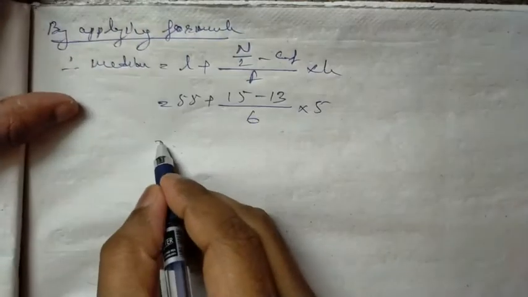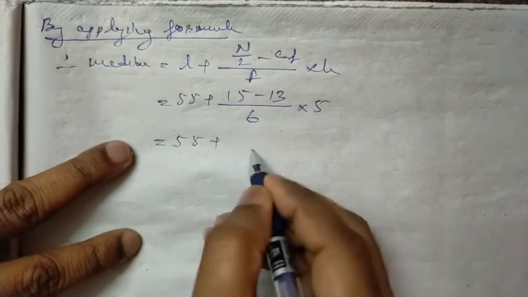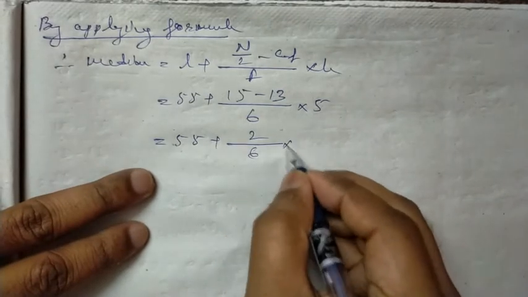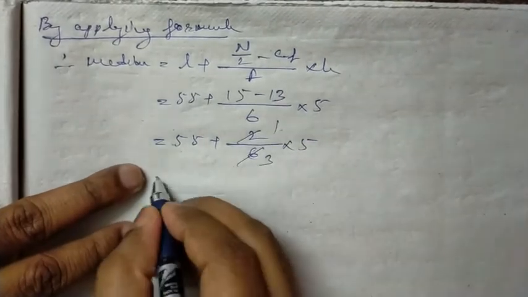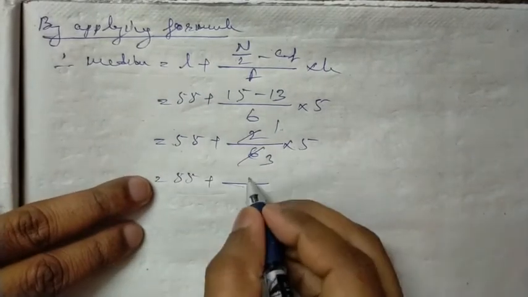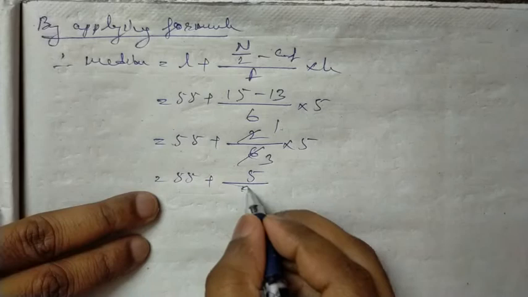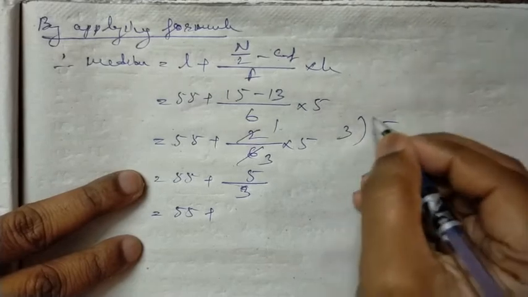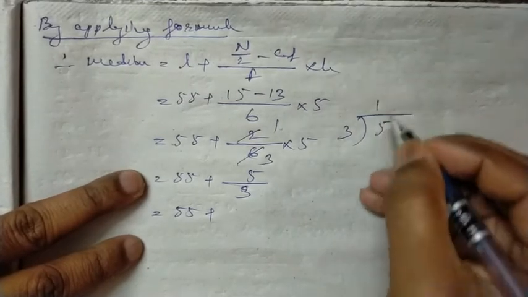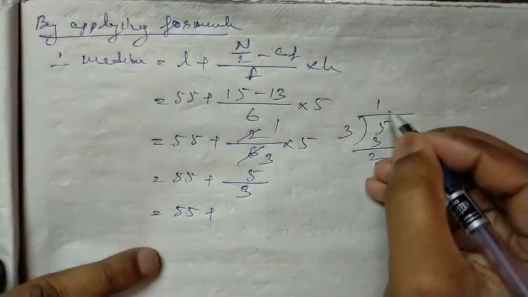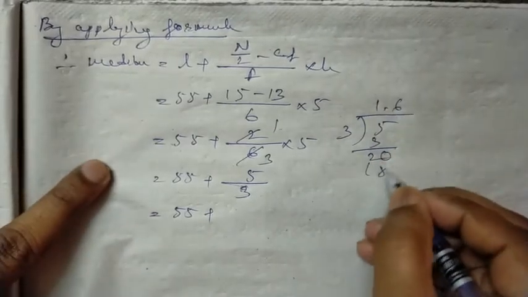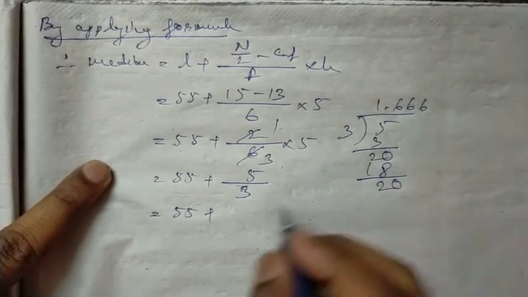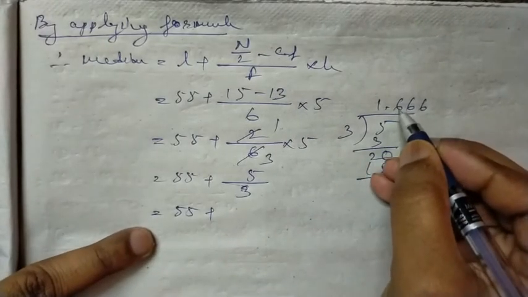Now here: 55 plus 15 minus 13 is 2, divided by 6, times 5. 2 fives are 10, so 10 divided by 6, which is 5 by 3. 55 plus, if I divide 5 by 3, we get 1.666, a recurring number.